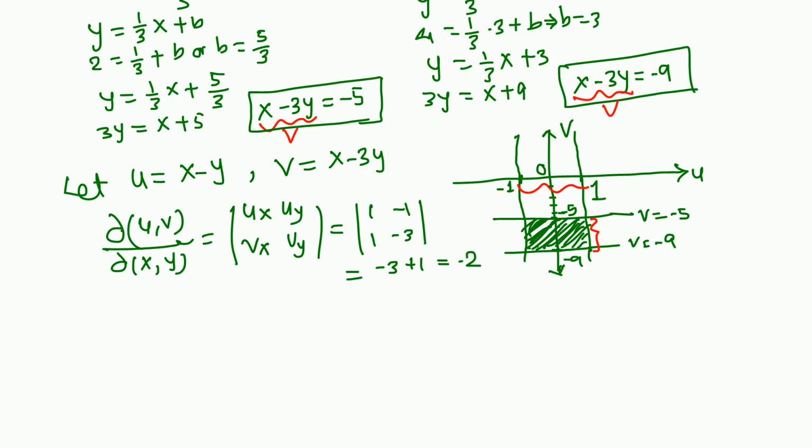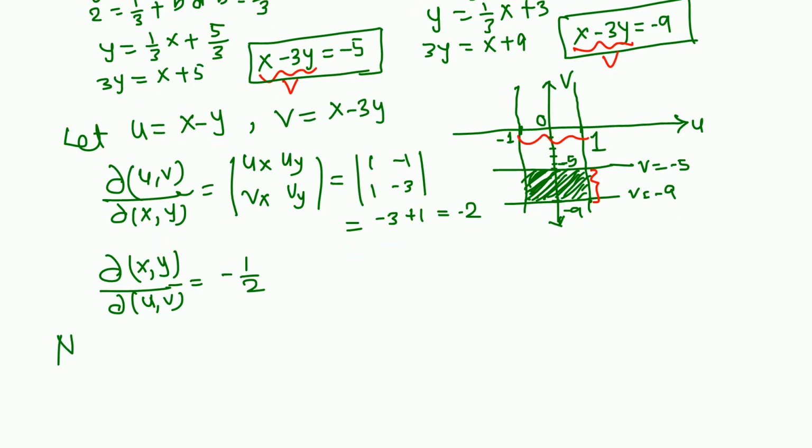So we needed the following. We are changing xy into uv, which is in fact the reciprocal of this, -1/2. That means this new area is twice as much as the original, so we need to cut by 1/2. When we write down the double integral, we take the absolute value.